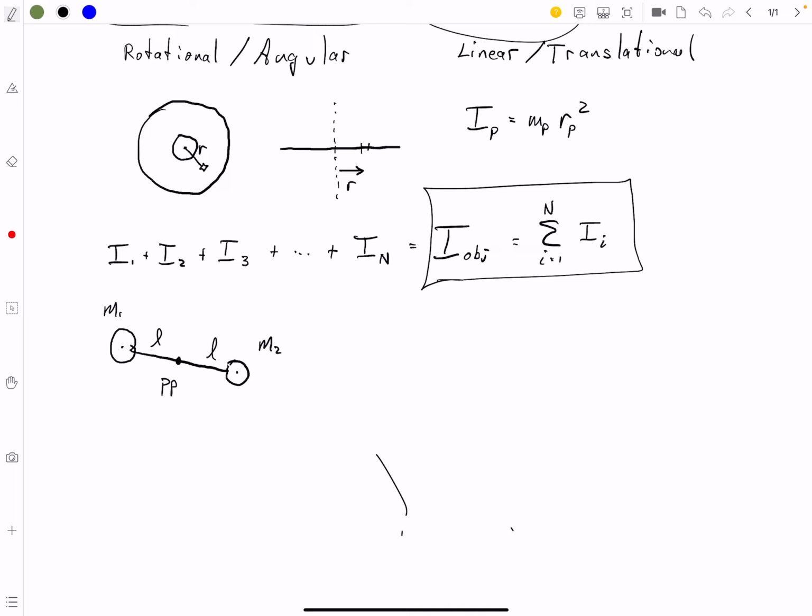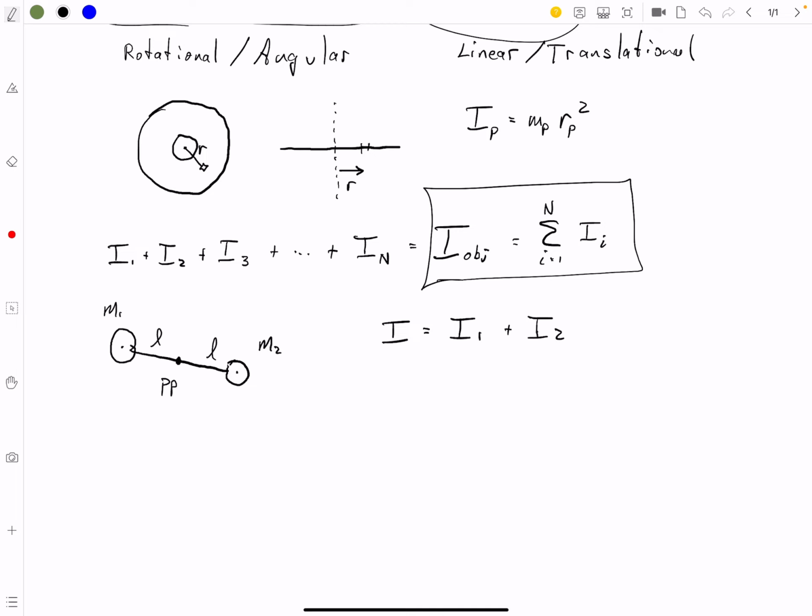And our total I is going to equal the I from 1 plus the I from 2. So the moment of inertia for 1 plus the moment of inertia for 2 is going to be our total moment of inertia.